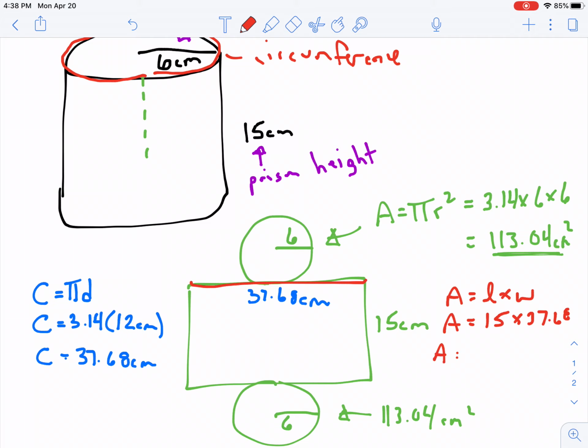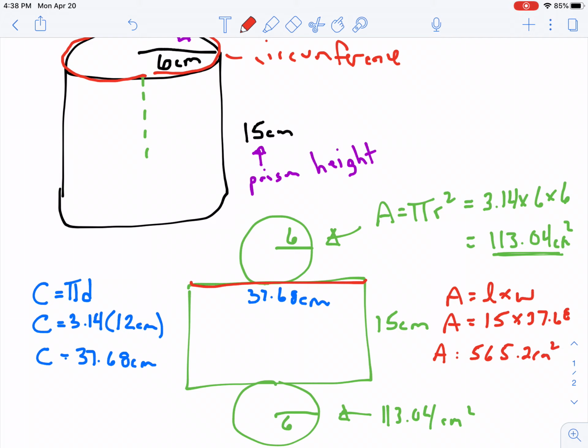So the area turns into 15 times 37.68. I plug that into my calculator, and I get a value of 565.2. And this is area, so it's centimeters squared.